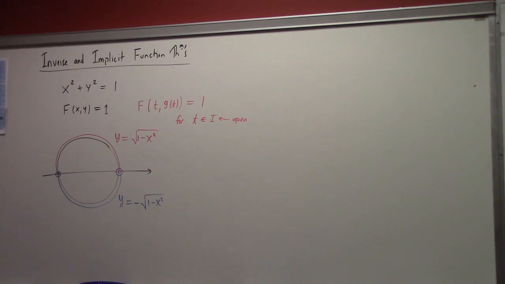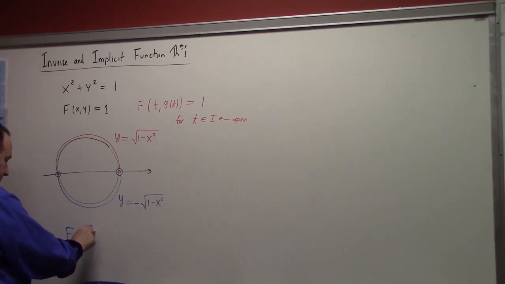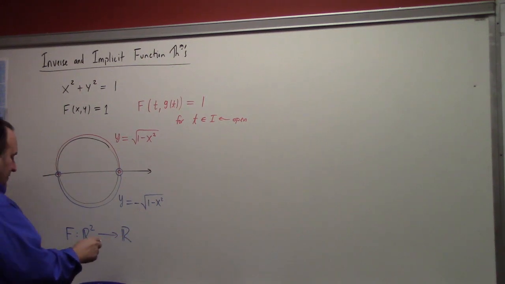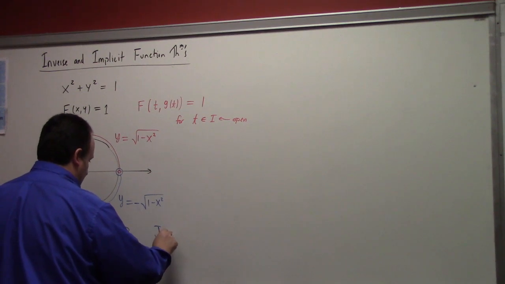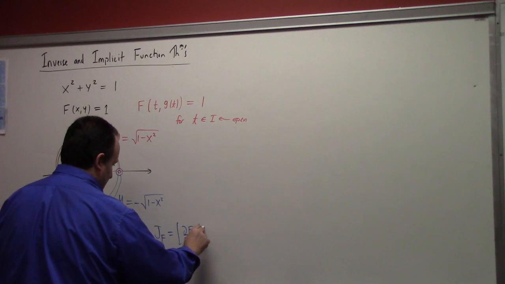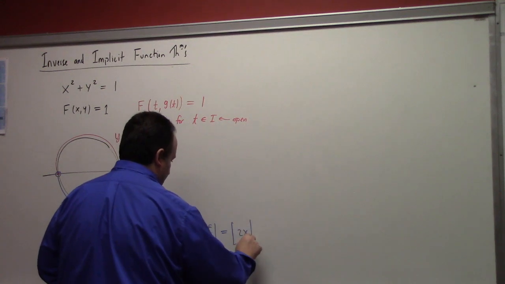Let's think about this. F is a mapping for us from R2 to R, right? So that means that the Jacobian of f actually has the form partial f partial x, partial f partial y. In fact, that is precisely 2x, 2y for this problem.